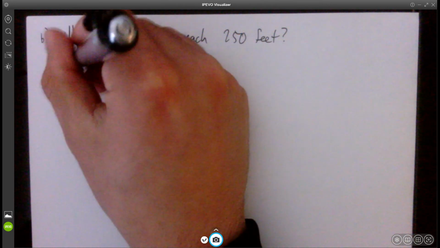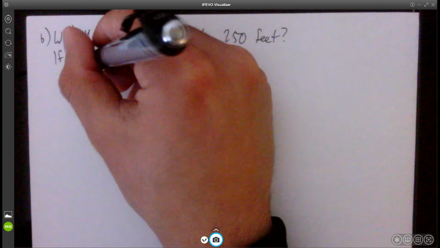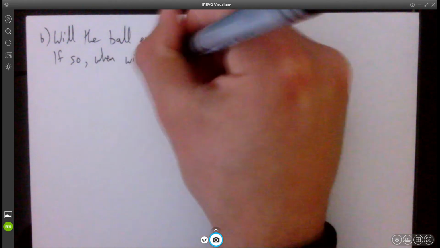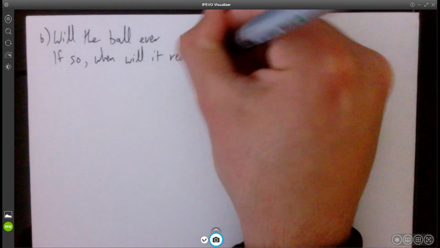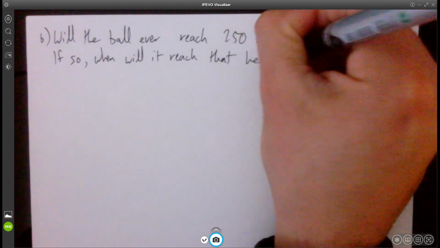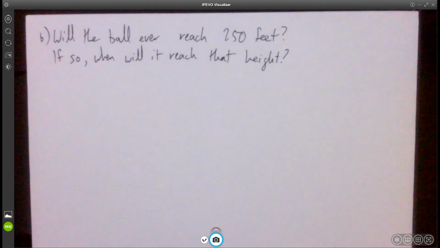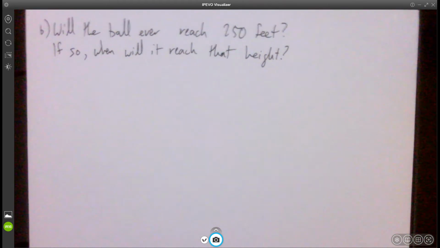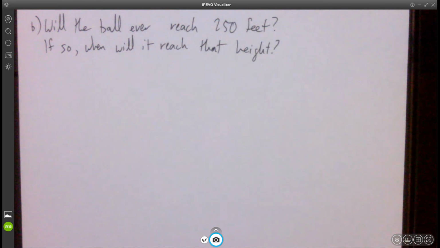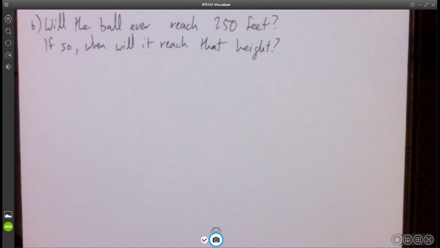If so, when will it reach that height? Okay, so now I want to know if it'll reach 250 feet.